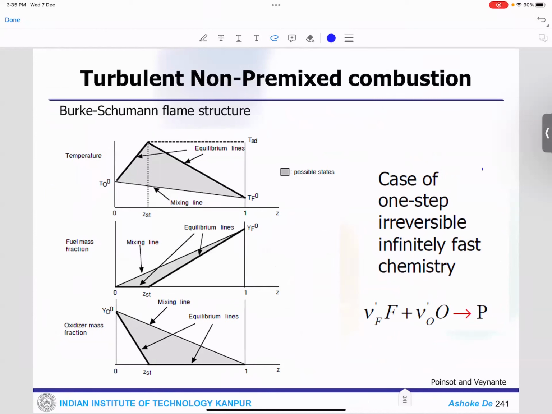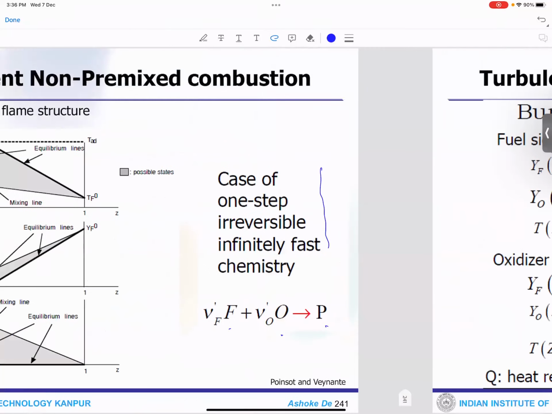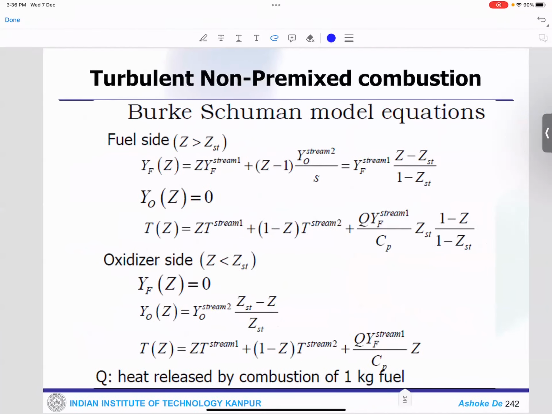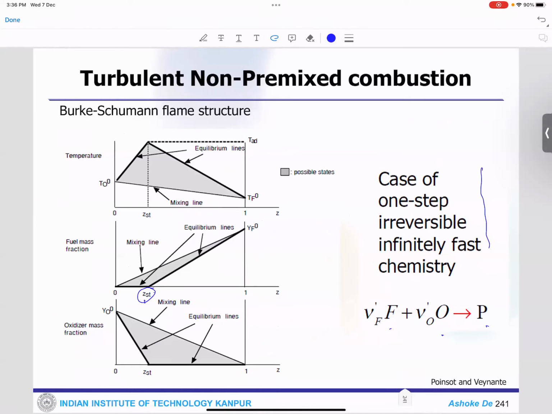This is a case of one step, fuel and oxidizer giving you the product, with infinitely fast chemistry. You see that here the fuel comes along the stoichiometric point where the complete fuel has come here, oxidizer has come here, and along that you get a temperature rise.